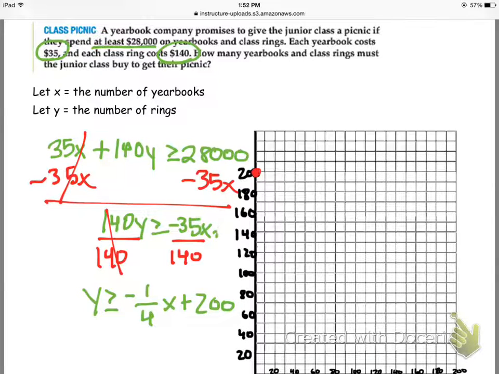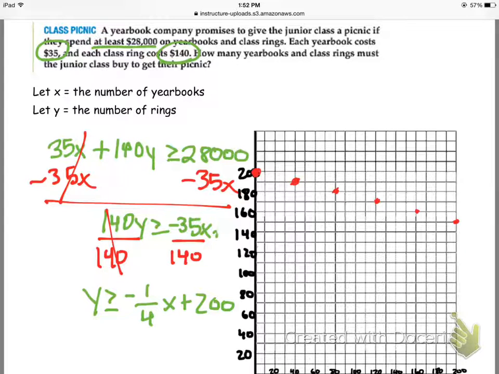I can just keep going down 1, to the right 4, down 1, to the right 4, and you'll see there's a trend. There are a lot of possible solutions that you can have, okay?